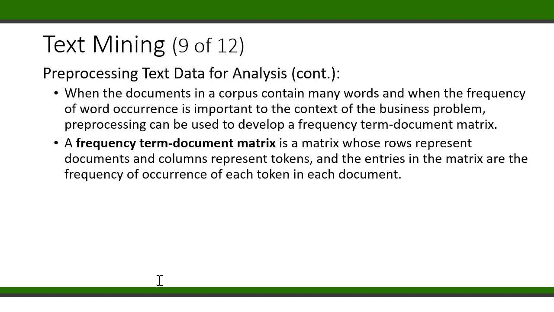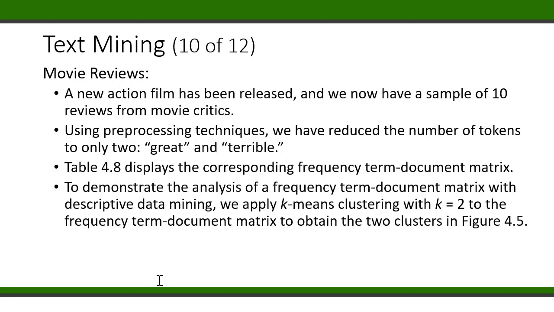So again, the rows represent the documents and the columns represent the tokens. But now the entries in the matrix are the frequency of occurrences of each of those tokens. Remember, the token is that word that you think is relevant to what you're studying and occurs often in those documents. So let's use an example. We've got movie reviews.